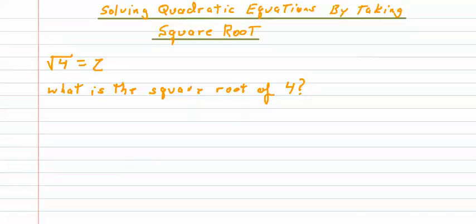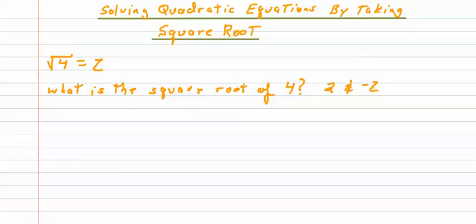But in actuality, the square root of 4 is 2 and negative 2. All right? All numbers, except for 0, have 2 square roots. Now, the square roots of negative numbers we're not going to talk about for a while, but all numbers have 2 square roots, with the exception of 0, a positive and a negative.